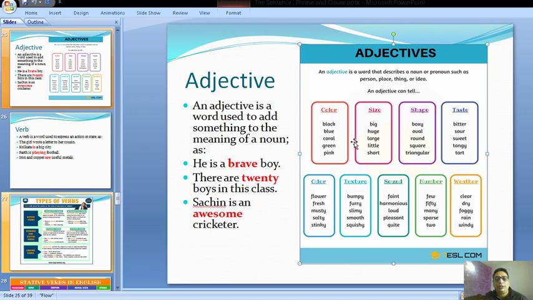There are 20 boys in this class. So it describes more about the class. So what is the quality of the class? The class has 20 boys. So 20 becomes a quality. Third is, Sachin is an awesome cricketer. What type of cricketer is Sachin? He is an awesome cricketer. Very good. So it is an adjective because it tells the quality.